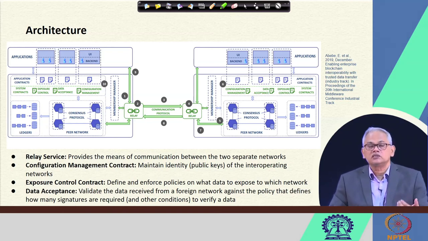So, data acceptance is to validate the data received from a foreign network against the policy that defines, say, how many signatures are required and other conditions to verify the data.